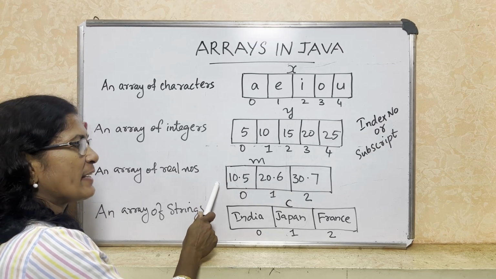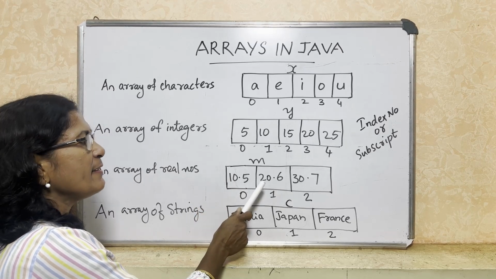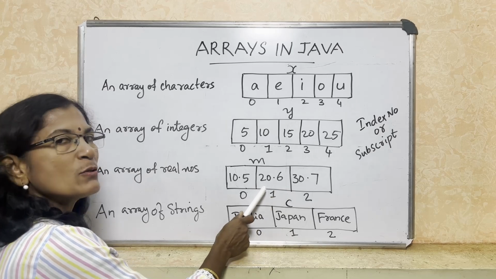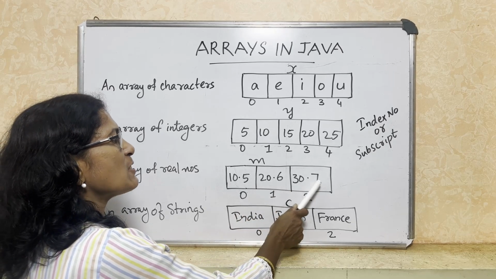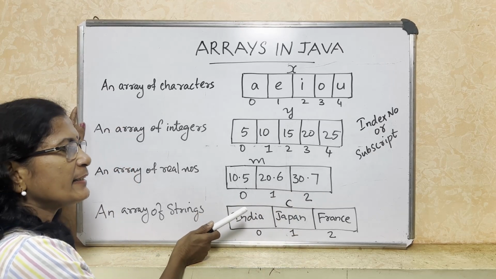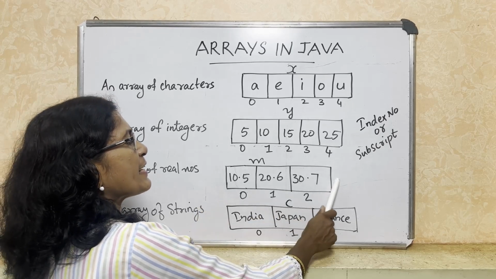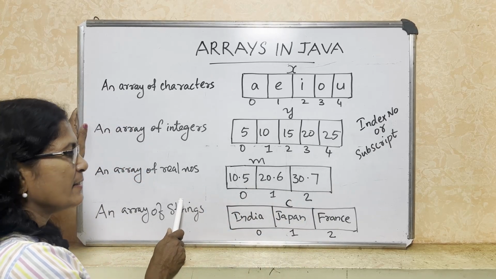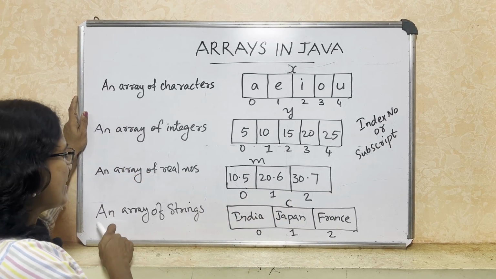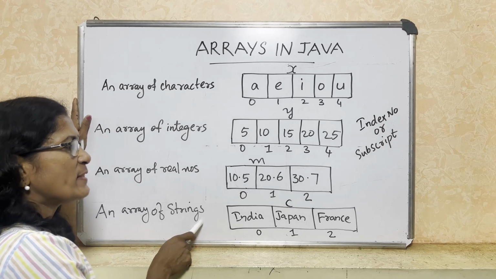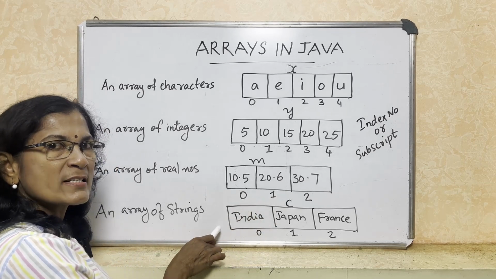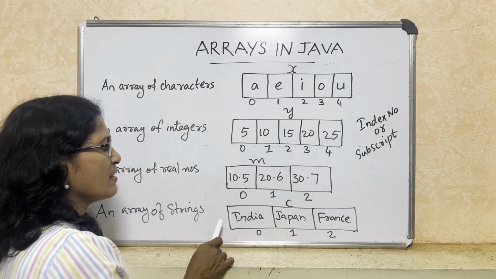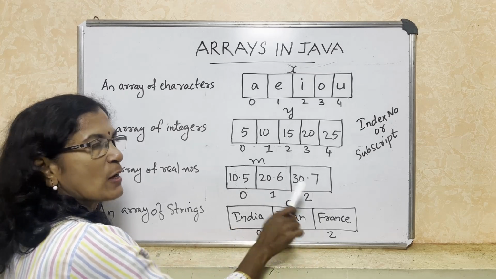The first storage location has the value 10.5, next one holds the value 20.6 and the third storage location holds the value 30.7. All the data items are of the same kind. The last one is an array of strings named C, which holds 3 countries' names. It has 3 storage locations.